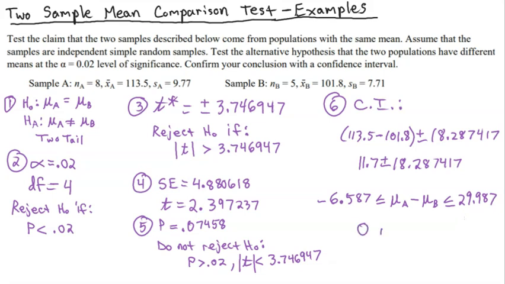That means 0 is on the interval. And since 0 is on the interval, we do not reject H sub 0, okay? And we have confirmed our decision, do not reject H sub 0, using a confidence interval.